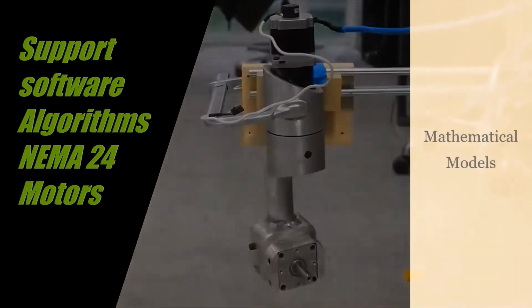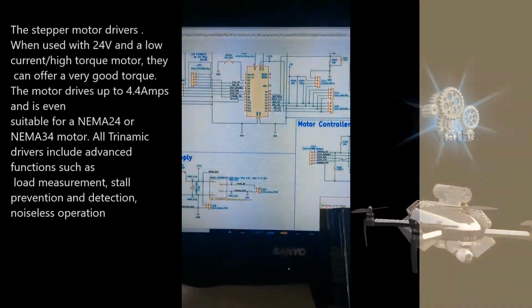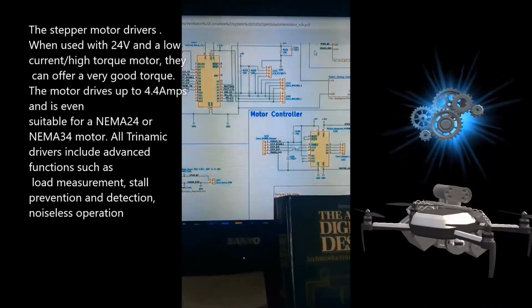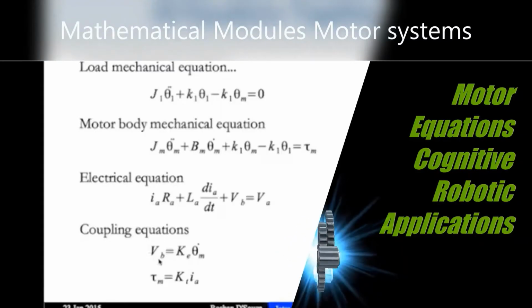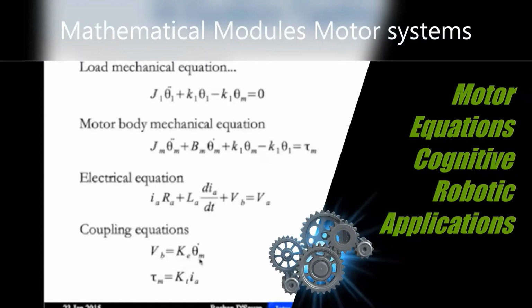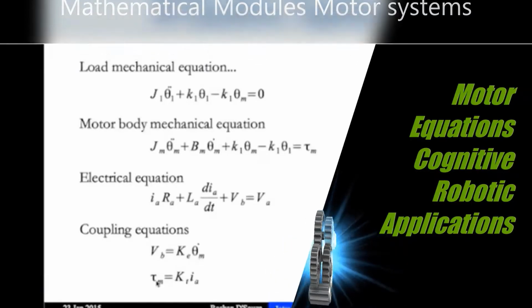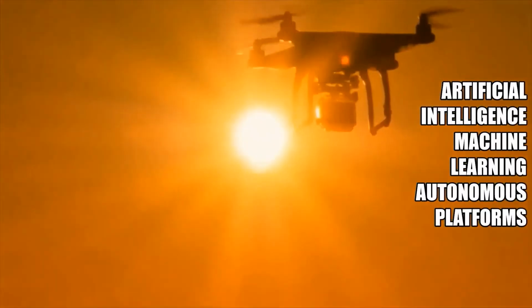The angle theta between the two magnetic fields is named load angle, and the maximum output torque and the maximum efficiency is obtained when the load angle is 90 degrees.